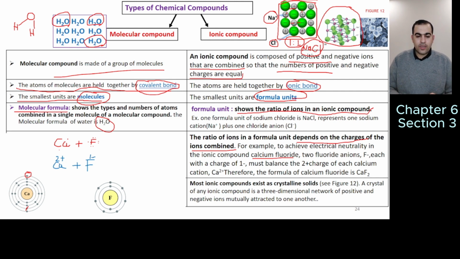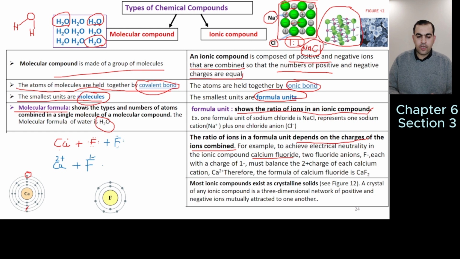Now, when calcium bonds with a fluorine, a fluorine can get only 1 valence electron of calcium. But calcium must lose 2 electrons, and there must be another fluorine to get that electron. So here we must add another fluorine.